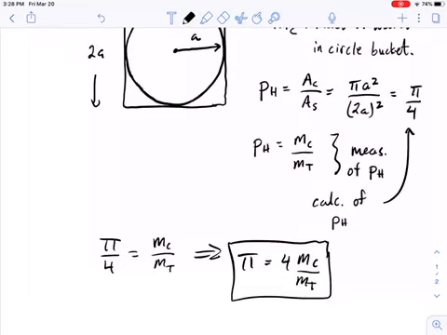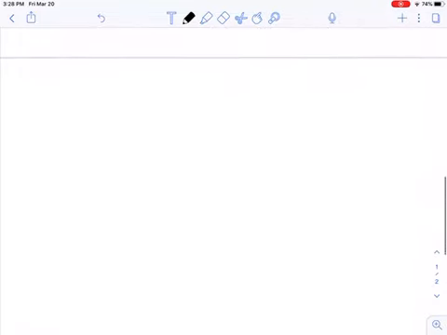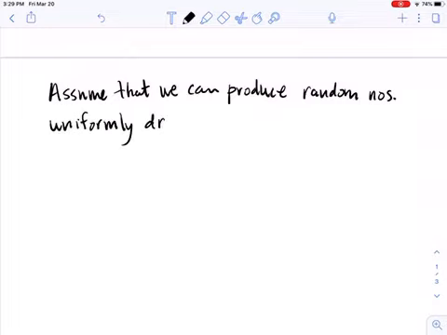So in the Monte Carlo method, we're going to do the same thing, but instead of making it rain water, we're going to make it rain simulated points in a grid. So let's assume that we can produce random numbers uniformly drawn from the interval -1 to 1.